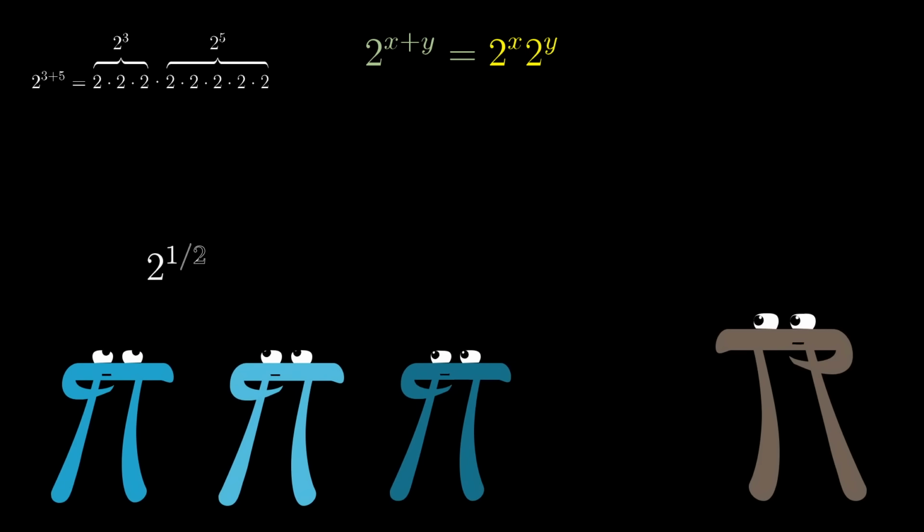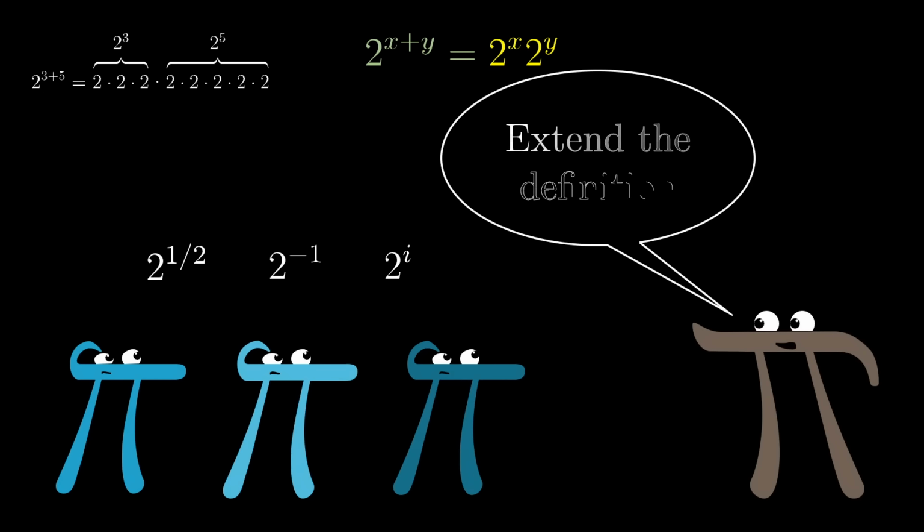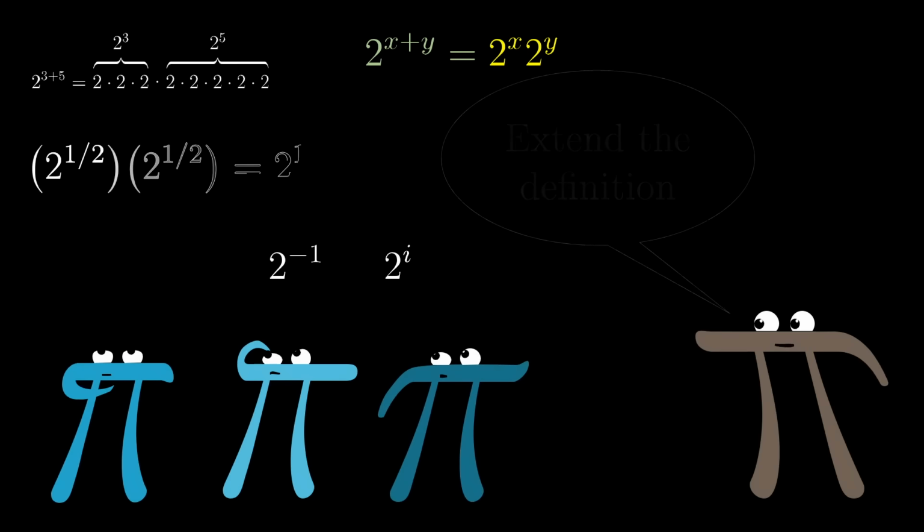But expressions like 2 to the 1/2, or 2 to the -1, and much less 2 to the i, don't really make sense when you think of exponents as repeated multiplication. I mean, what does it mean to multiply 2 by itself half of a time, or -1 of a time? So we do something very common throughout math, and extend beyond the original definition, which only makes sense for counting numbers, to something that applies to all sorts of numbers.